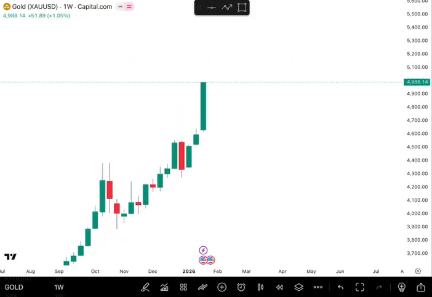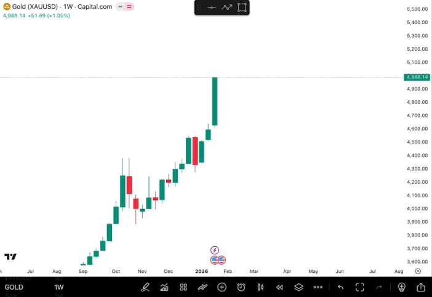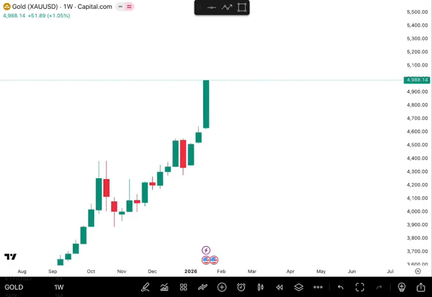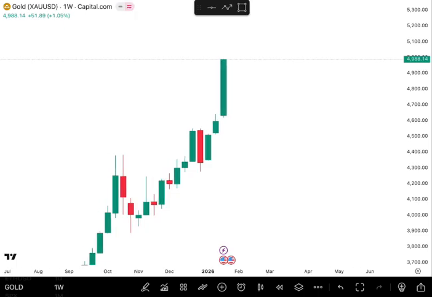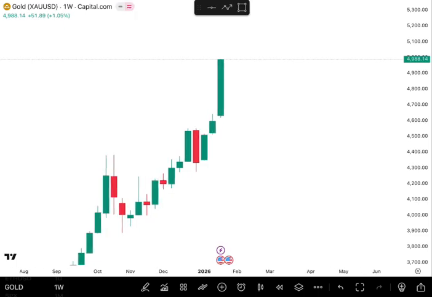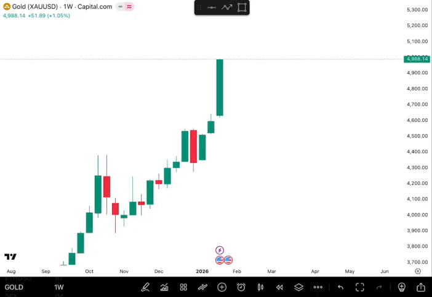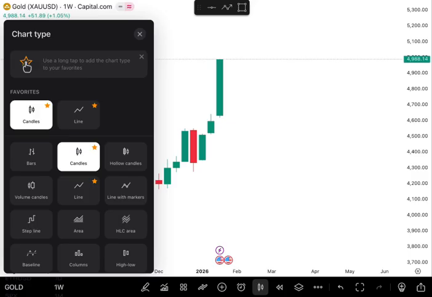For now we don't have any near zone because the price is only crazy. Just take a look. First of all, I will open.